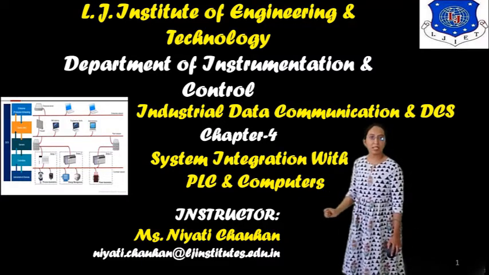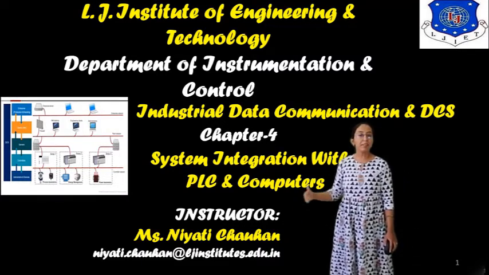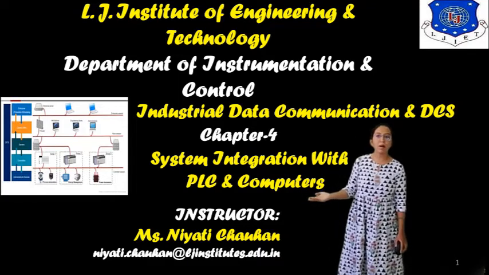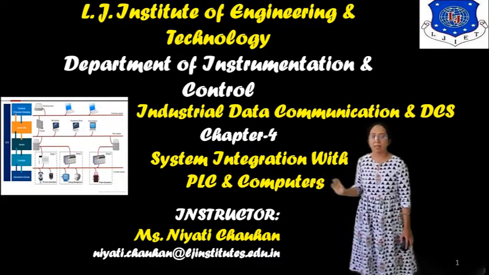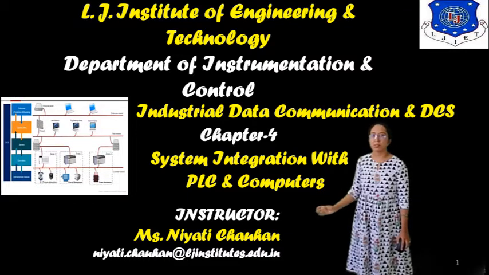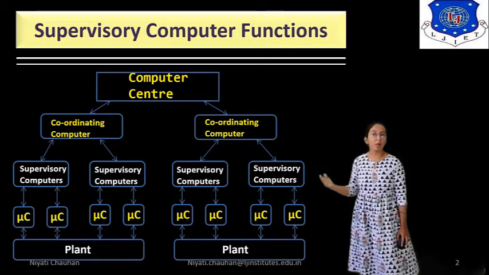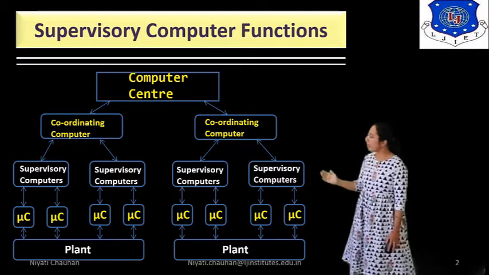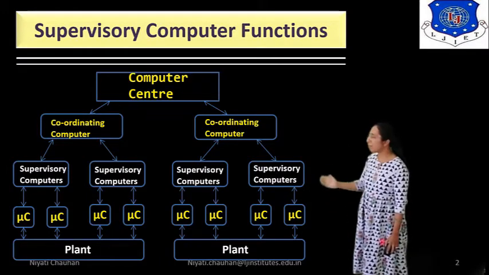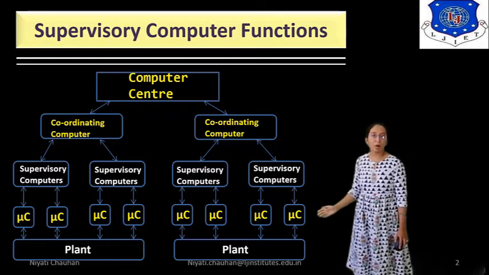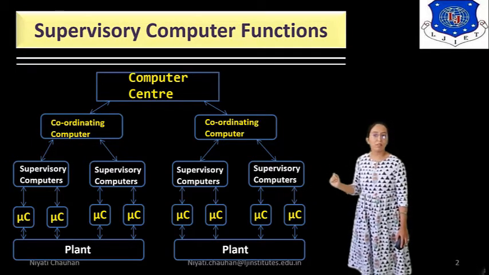So let's see the new chapter, and in this chapter we will discuss system integration with PLC and computers. We know the function of the supervisor computer. In the first chapter we discussed the block diagram of the distributed control system.